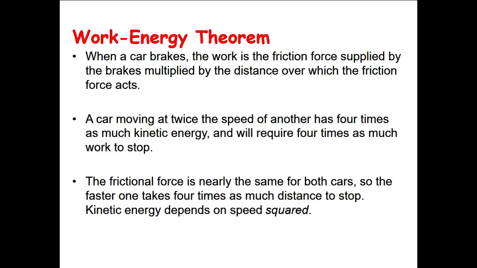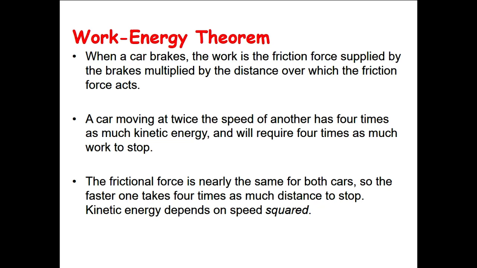When a car brakes, the work is supplied by the friction force due to the brakes. And this work is calculated by multiplying the friction force times the distance over which the friction force acts.